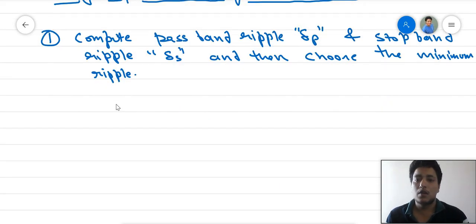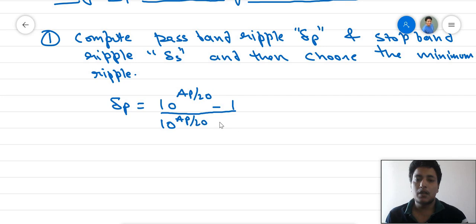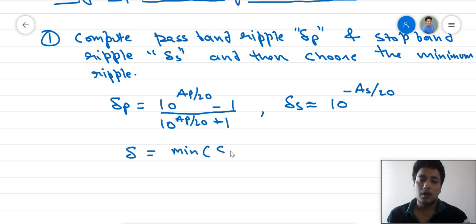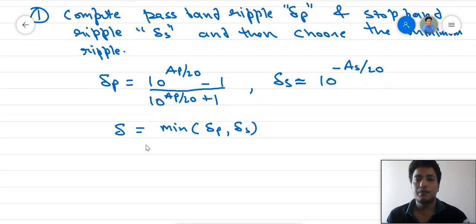We know delta P is equal to (10 to the power Ap by 20 minus 1) over (10 to the power Ap by 20 plus 1), where Ap is attenuation in passband. Delta S is approximately 10 to the power minus As by 20. Then we have to find delta, which will be equal to the minimum of delta P or delta S. So this is our first step.